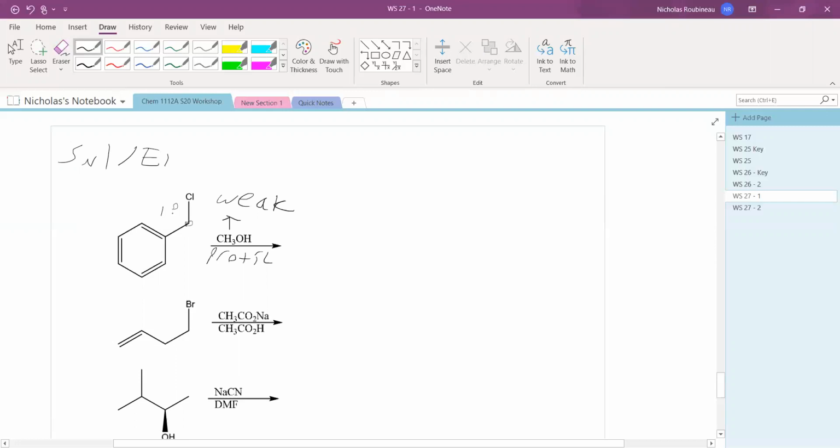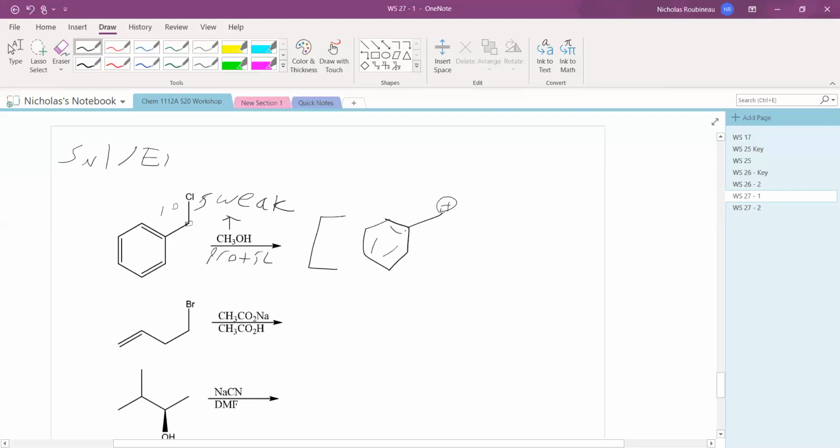And we have a primary position, so that usually doesn't work with SN1 very well. So I'm assuming that's why you would say it's no reaction, but you also have to consider where the leaving group is and what happens when it leaves. So suppose it left. The mechanism for an SN1 reaction is just the leaving group leaves and then you get a cation.